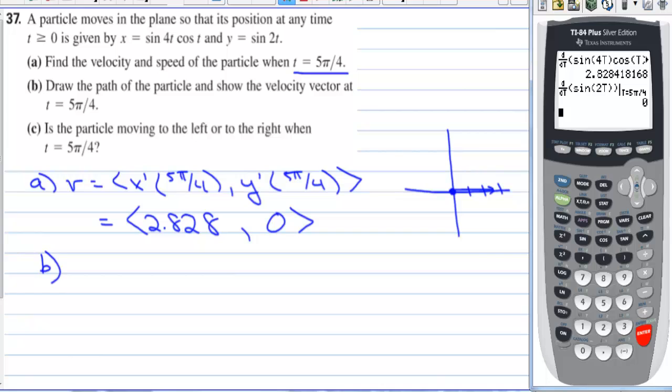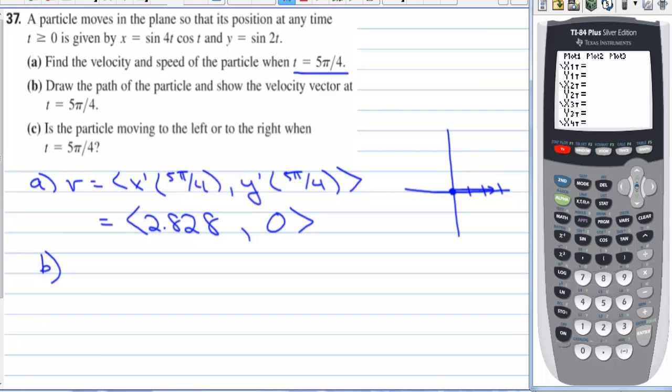B, draw the path of the particle and show the velocity vector at t equals 5 pi over 4. So we're going to take that vector and show where it's happening. But we need the graph first. So we go to mode. You'll want to be in parametric if you're playing along.